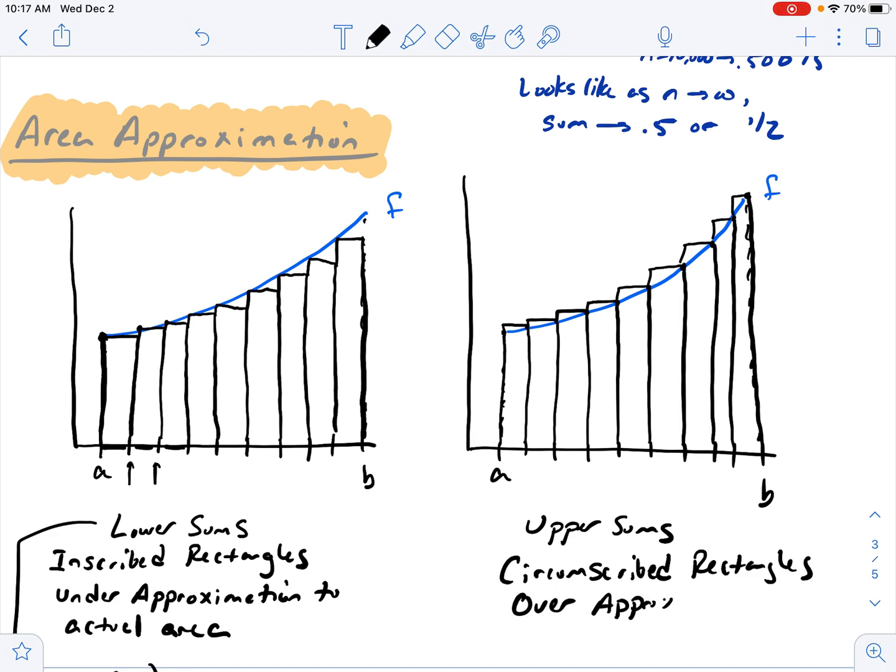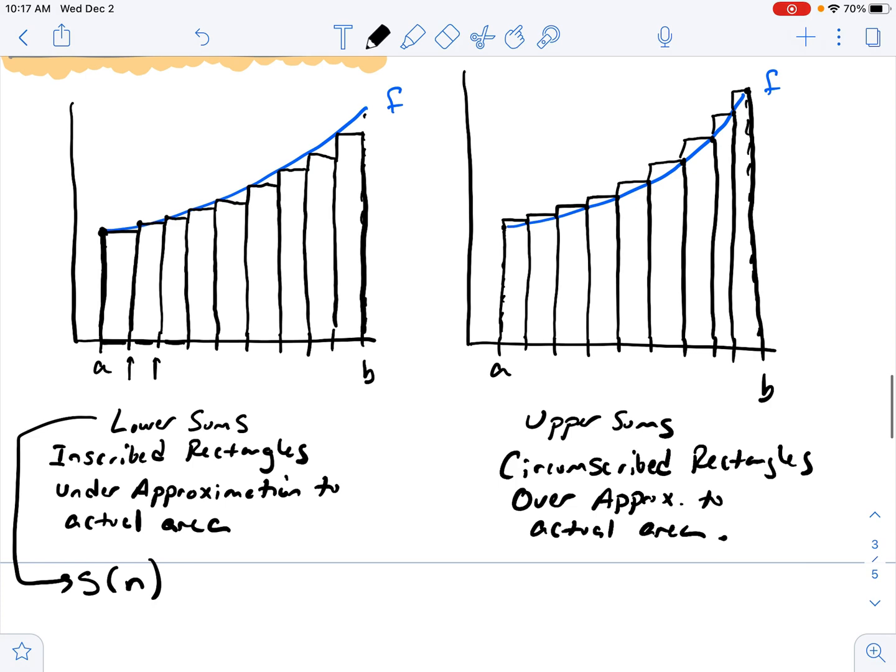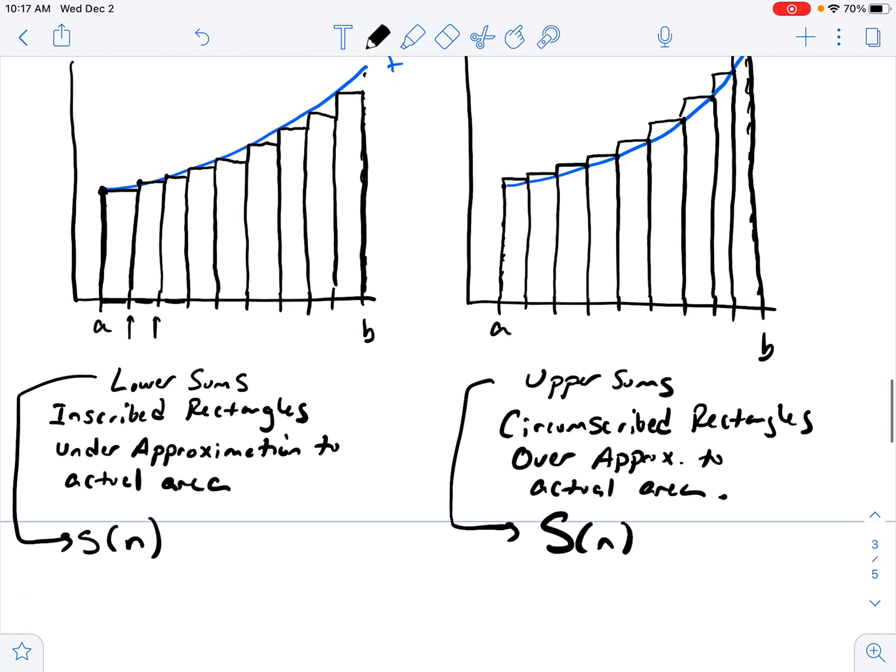And this is an over approximation to the actual area. And instead of using lowercase s sub n, we use capital S sub n for the notation for upper sums. Lowercase s for lower sums, capital S for upper sums, okay?